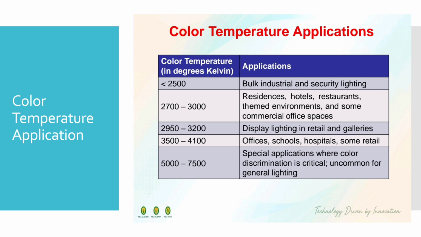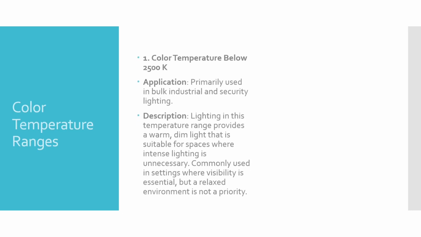There are color temperatures below 2500 Kelvin, color temperatures between 2700 Kelvin to 3000 Kelvin, color temperatures between 2950 Kelvin to 3200 Kelvin, color temperatures between 3500 Kelvin to 4100 Kelvin, and color temperatures between 5000 Kelvin to 7500 Kelvin. In the next slides, we will discuss each color temperature range one by one.